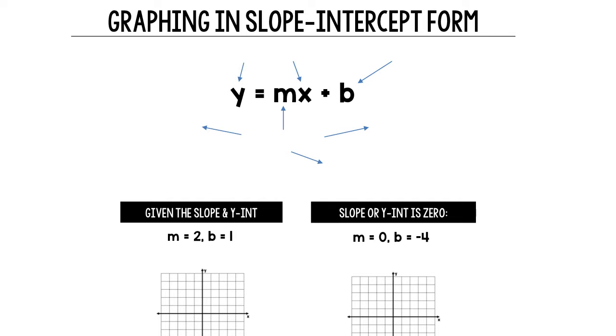First, we need to talk about a few need to knows about what our equation looks like. y equals mx plus b is called slope-intercept form. You'll notice an x and a y.